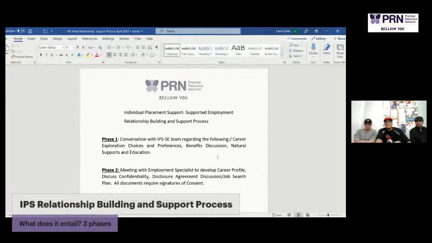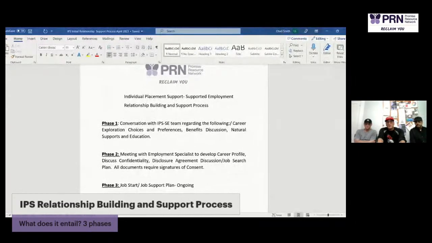All right. As we move through the process, like I said initially, we have three different phases that we really have to adhere to. This document that I'm showing here is called the Individual Placement Support Employment Relationship Building and Support Process. So I want to talk about phase one.